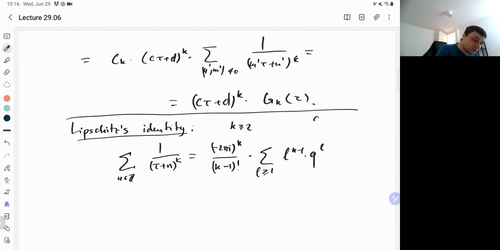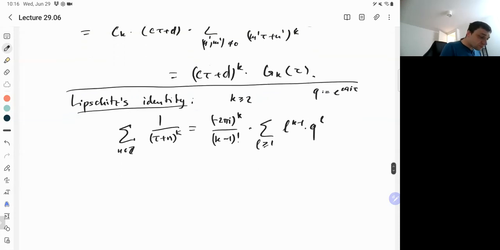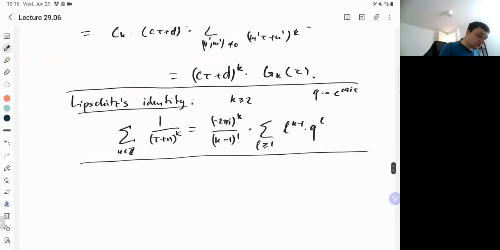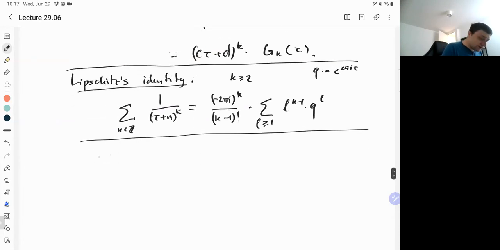And q is, as before, e^(2πiτ). So this is an exercise. And then using this, you can easily resum.